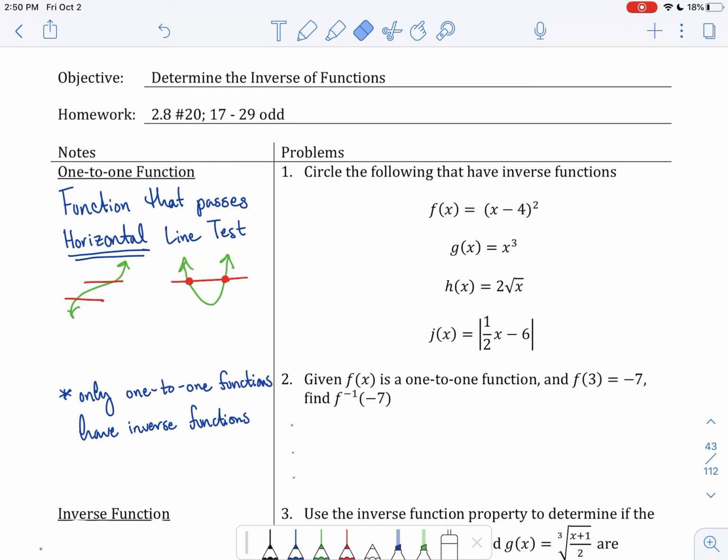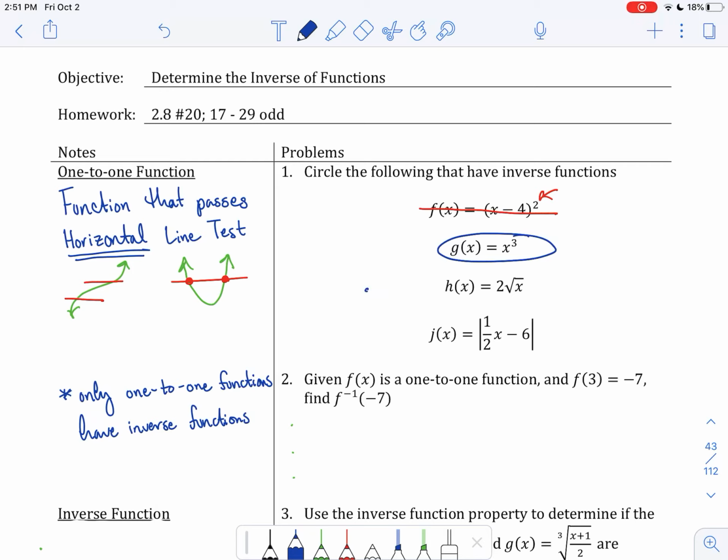Now, as we just said, quadratics are not one-to-one, so they do not have an inverse function. This first f of x has a degree 2, so we are not going to have an inverse function. G of x is x cubed, which is the graph that we saw here first. X cubed does have an inverse function.